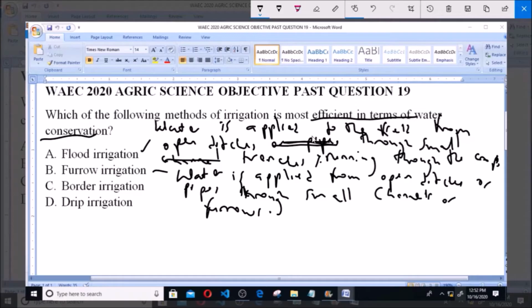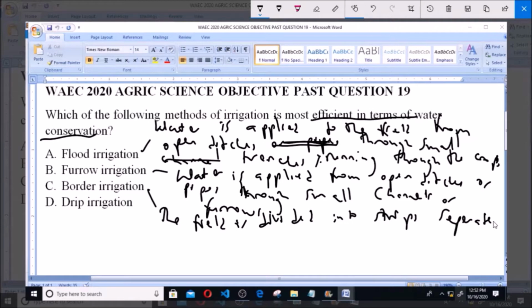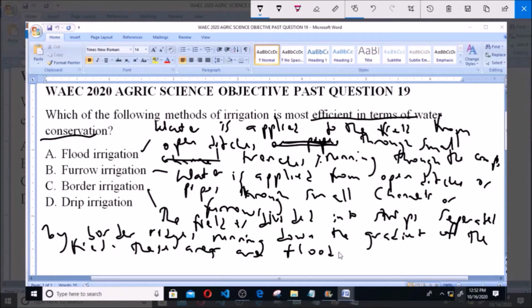Now, option C says border irrigation. In border irrigation, the field is divided into strips separated by border ridges running down the gradient of the field, and then these areas are flooded during irrigation.